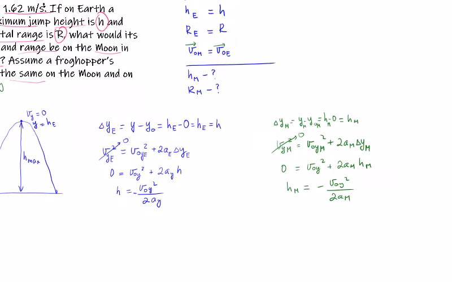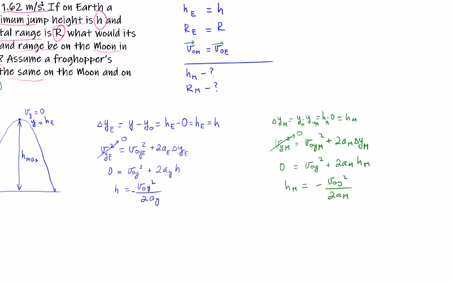Now, if we divide equation 1 and equation 2, I would say h moon over h, the left side you divide by each other, the right side by each other, you'll get negative v naught y squared over 2a on the moon over negative v naught y squared over 2a on the earth.